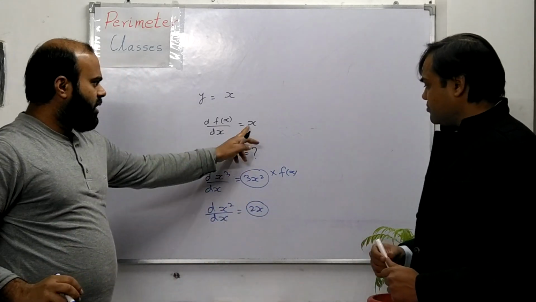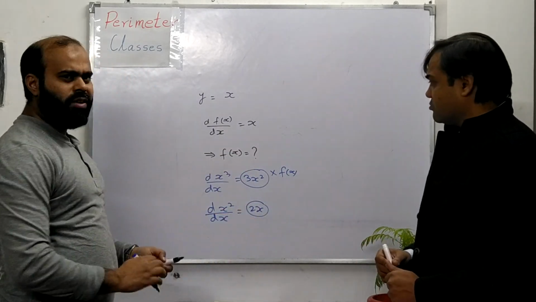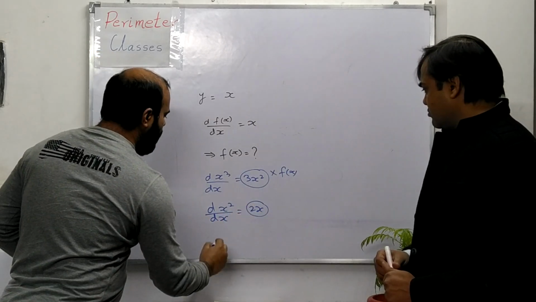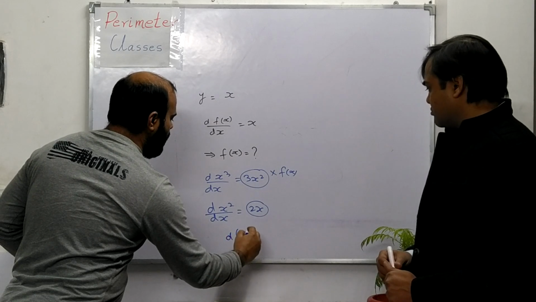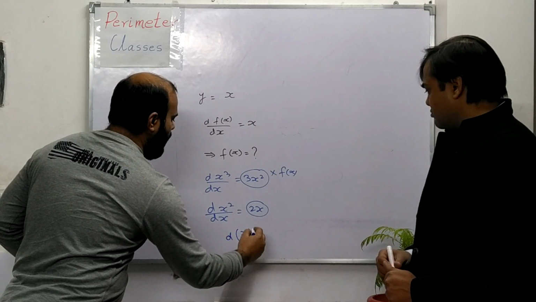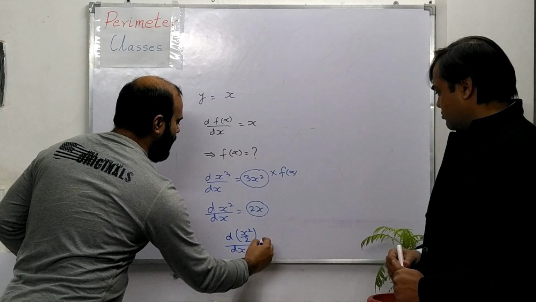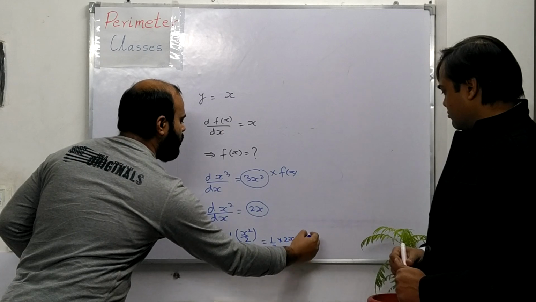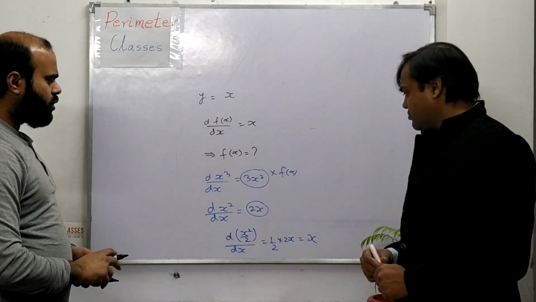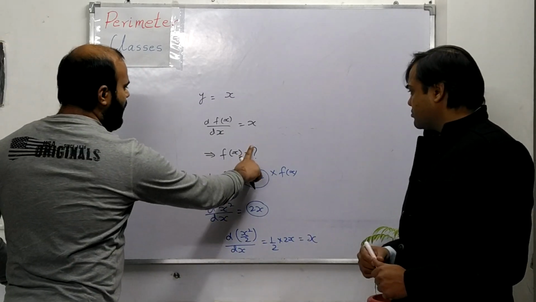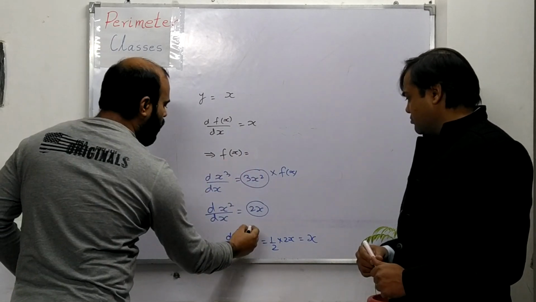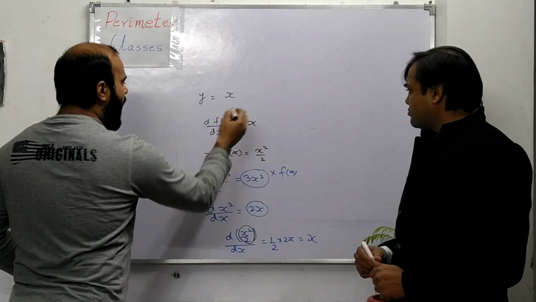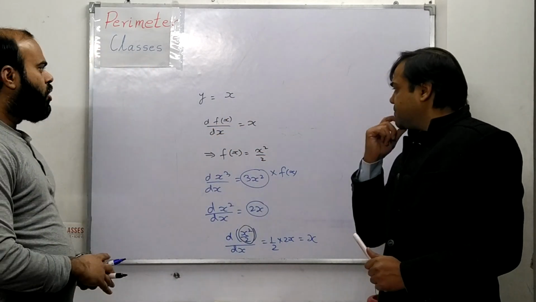So it has become linear, but there is a constant 2 which can be easily managed. So if we take d of x square by 2 dx, this half is outside and d of x square is 2x, so this would be x. So what we understood here is that yes, there is a function f(x), x square by 2, which will be differentiated and we will get x.